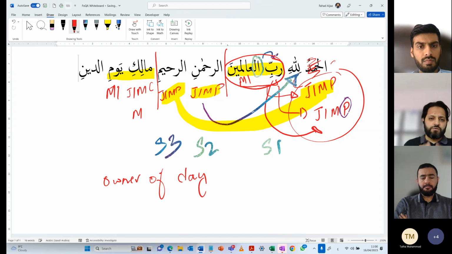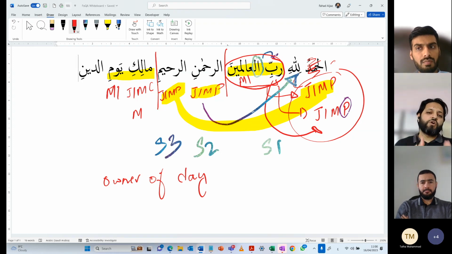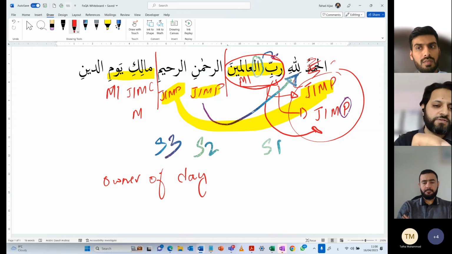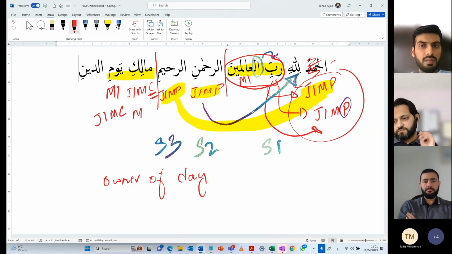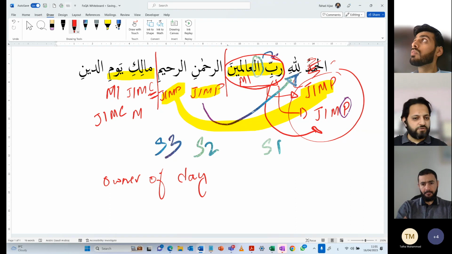Now I'm moving on to the word Yawmi. Because the word Yawmi is jar, singular, masculine, common, I believe that my assessment of Maliki being common is correct, because it's dictated. So far, all good.